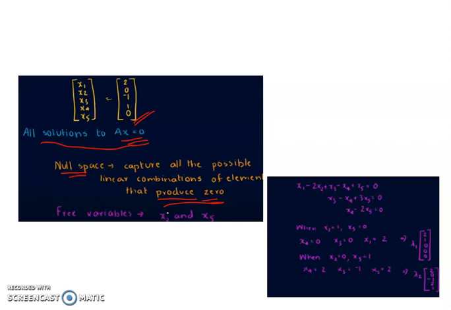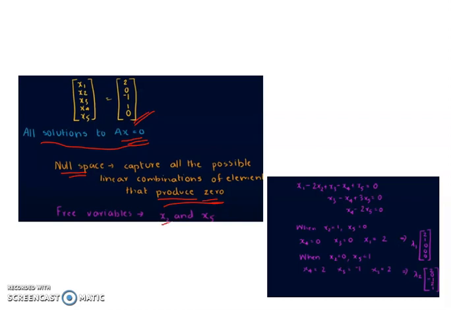You need to assign some value for this x2 and x5. Since we are making use of this null space concept, we are using the identity matrix in order to represent this null matrix. And as we all know, the identity matrix is represented using zeros and ones.